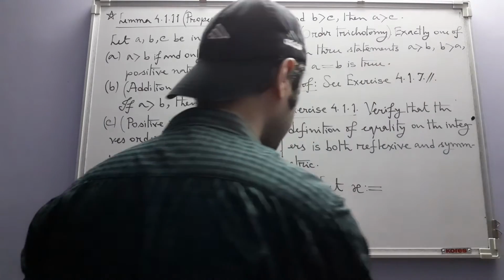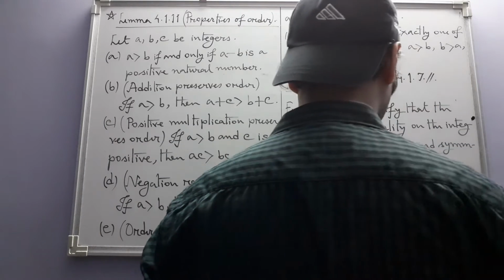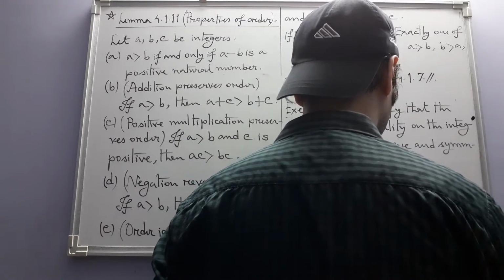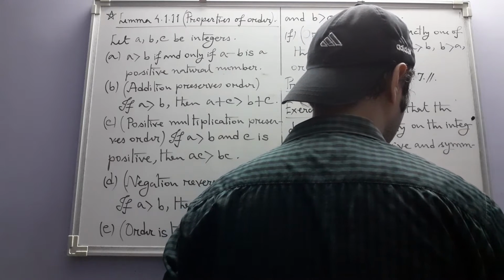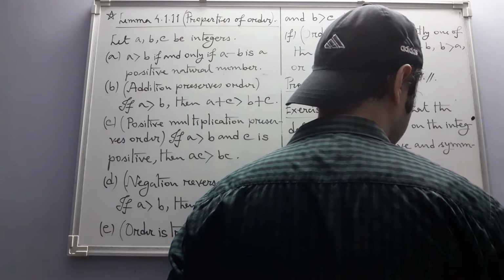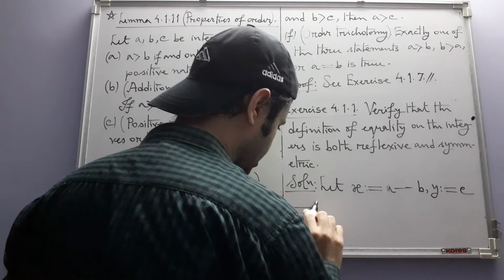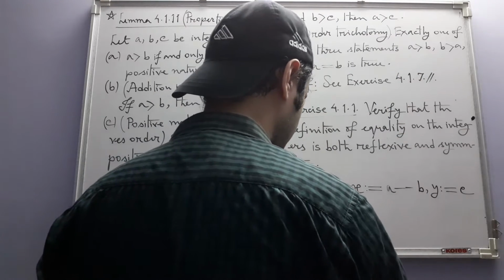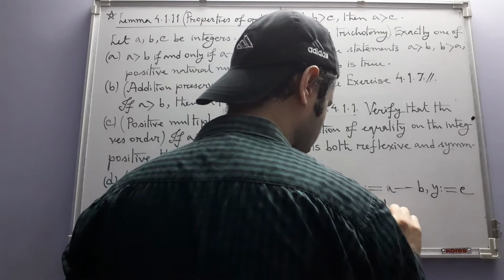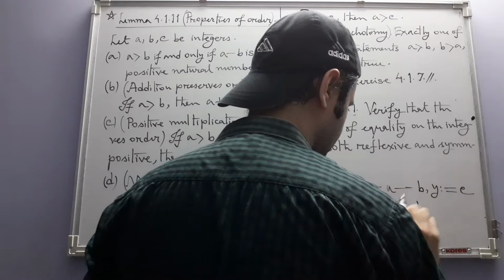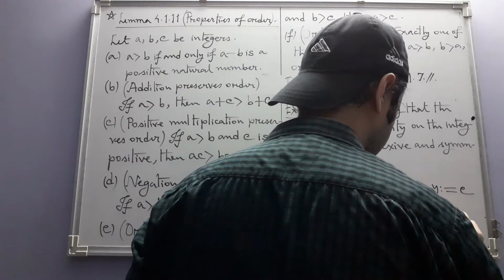Okay, so let x equal a dash b, y equal c dash d, where a, b, c and d are natural numbers.